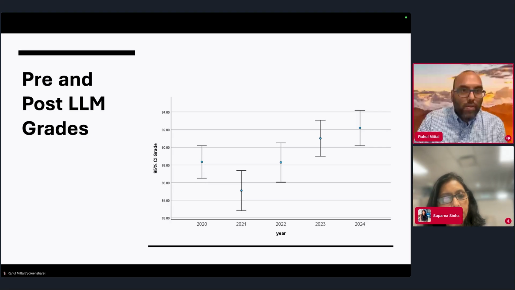Slowly every year, we've been building the use of large language models. Since 2022, I have, step by step, increased the prompt teaching, teaching the students different prompts from basic to intermediate to help them produce a literature review.